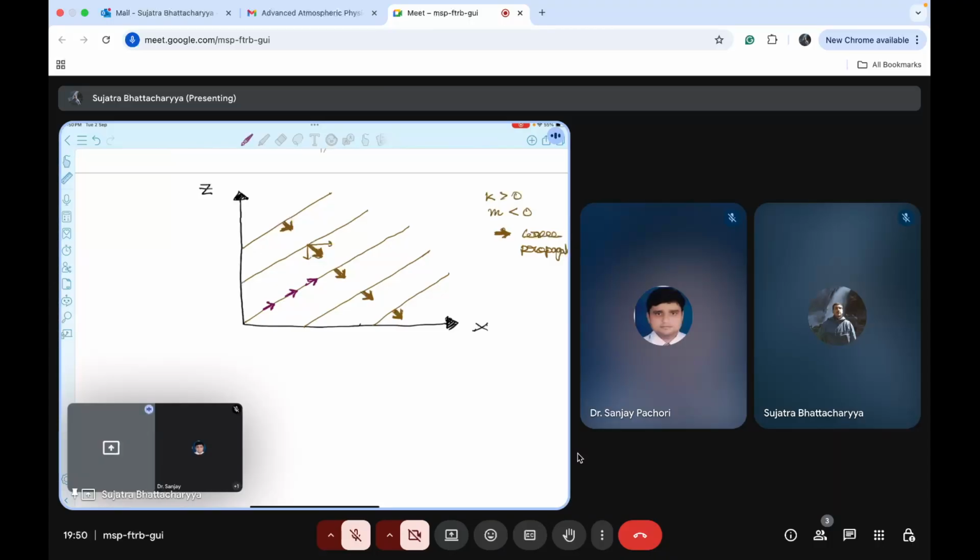So this is the direction of the group velocity, because Cgx is positive and Cgz is also positive. So group velocity at each of the phases will be along the phase and in the positive direction.